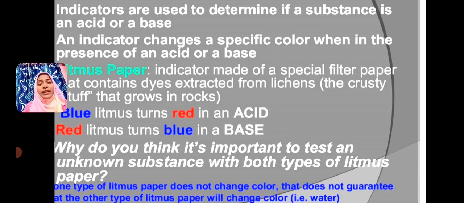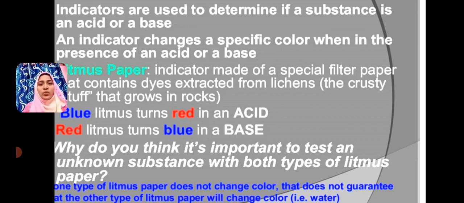So, how do we find whether it is a strong acid or a weak acid, a strong base or a weak base? We cannot touch it and find out whether it is acid or base, because it is corrosive in nature.